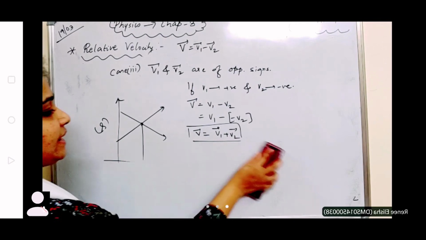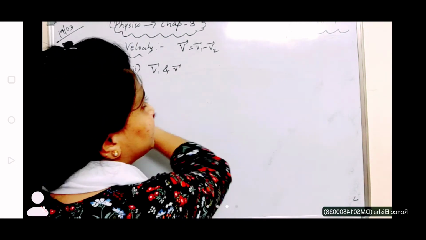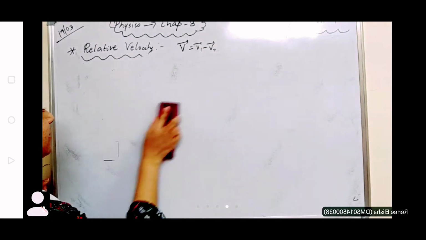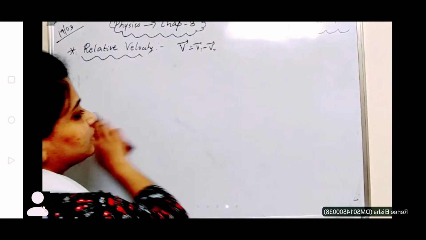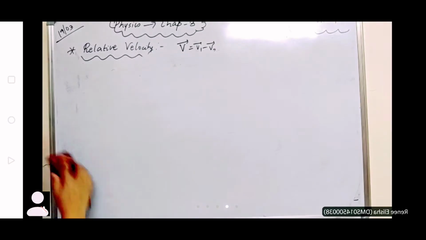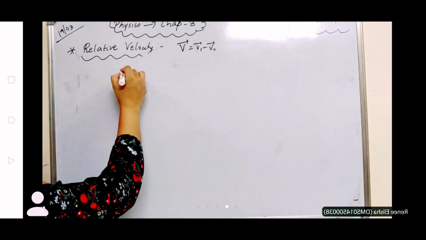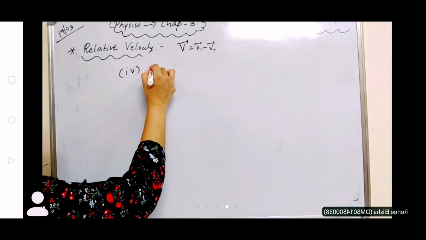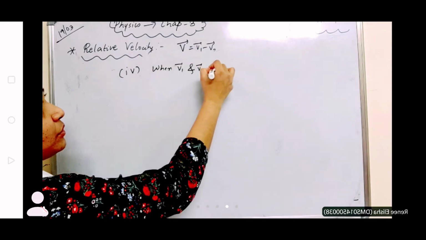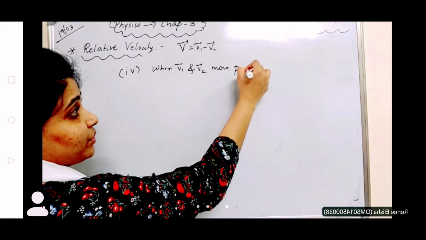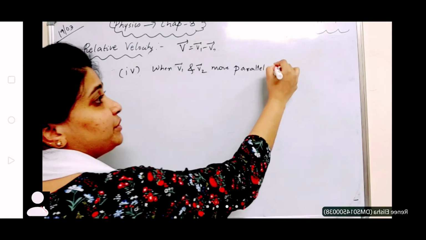Perfect. Okay, now next, the last case of relative velocity. Now the fourth case of relative velocity, when both the objects 1 and 2 move parallel to each other. Fourth case is when V1 and V2 move parallel, their velocities are parallel to each other.